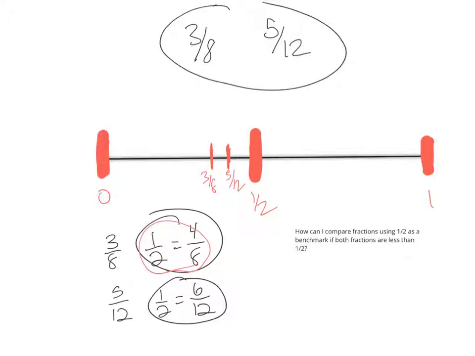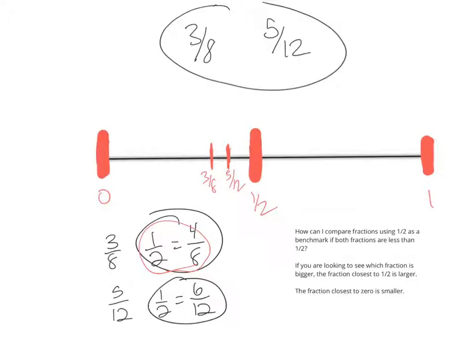Well, it depends if you're looking to see which one's bigger. If you are looking to see which fraction is bigger, the fraction closest to 1/2 is larger. Or the fraction closest to 0, another benchmark, is smaller.